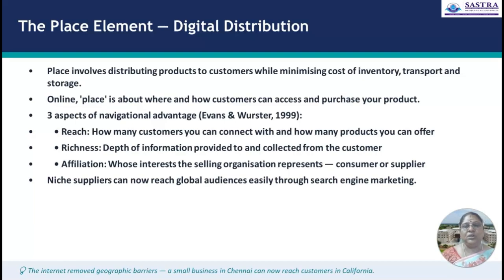And what does richness refer to? Richness refers to the depth of information we are providing to customers. A physical store can give limited product information, as a salesperson can only explain what he knows, whereas an online store can provide detailed specifications, usage tutorials, high resolution images, technical details, 360-degree views, tutorial videos, customer reviews, comparison tools, how-to-use videos, and personalized recommendations.